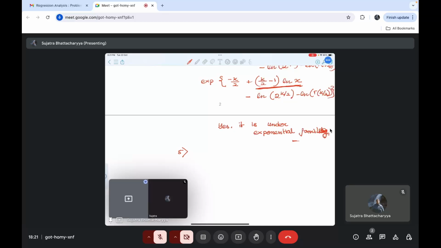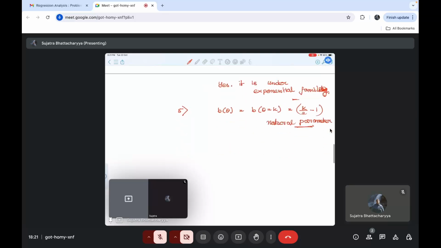So you can write that b of theta is nothing but k by 2 minus 1. So this is the natural parameter, because this is the term from which we are going to find out the natural parameter. Okay, so this is what the natural parameter looks like. That's all.